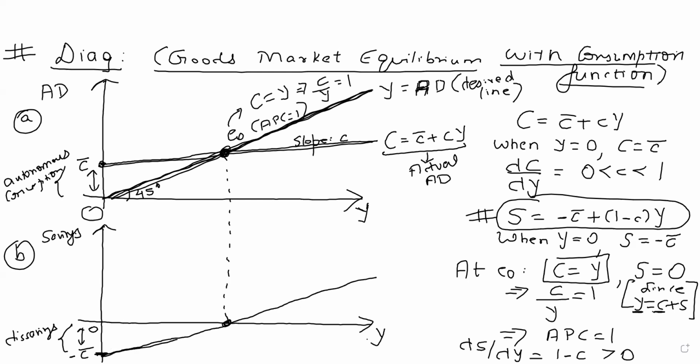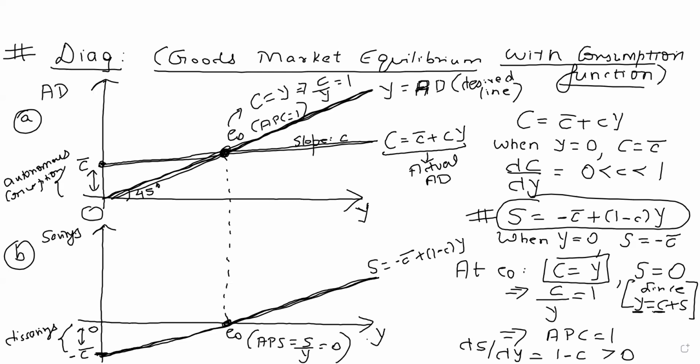So this line at the bottom is my savings function, S is equal to minus C bar plus 1 minus C times Y. It starts from the level of dissavings when my income is 0, and then it is an upward sloping line. At the point E0, APC is 1, so APS, which is nothing but S by Y, is 0.